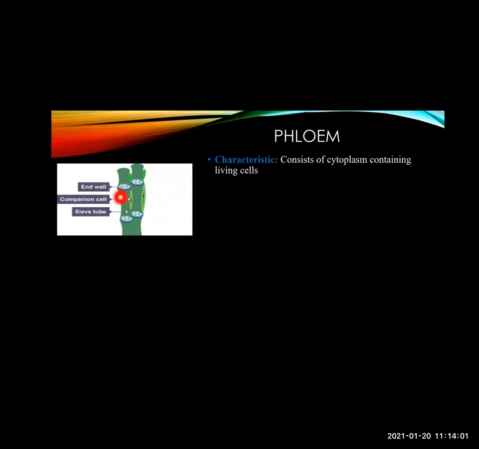The sieve tubes do not have any nucleus, so each is associated with another cell known as the companion cell. This companion cell performs the active function of the sieve tube, whereas the sieve tube helps in conduction of the nutrients, which I will tell you now.